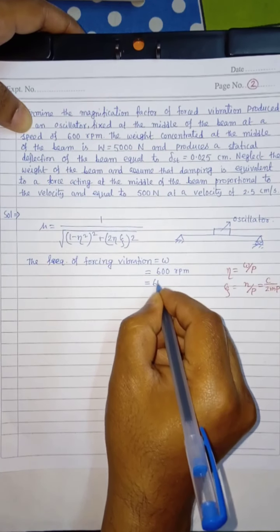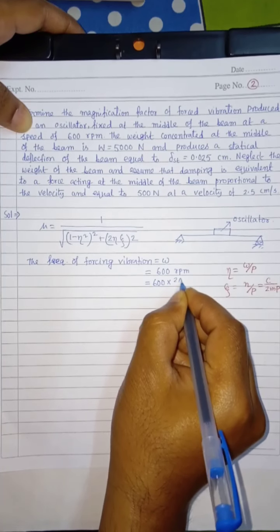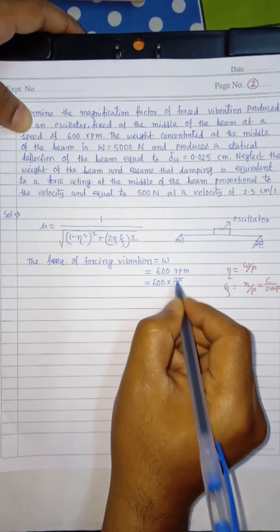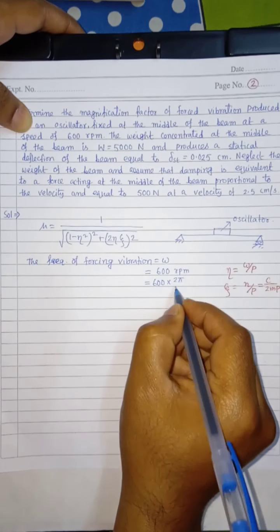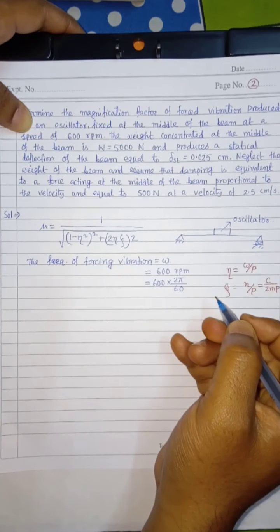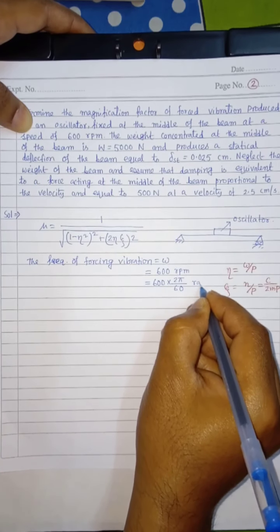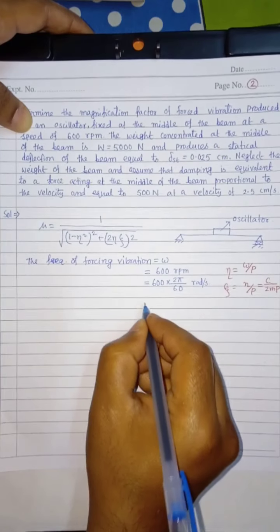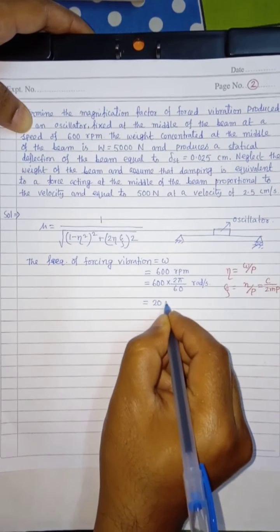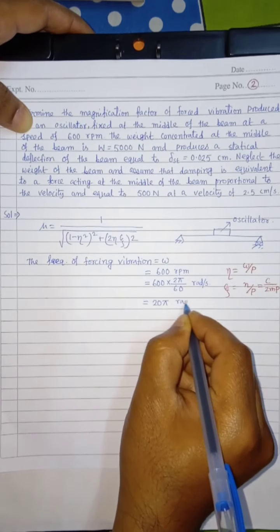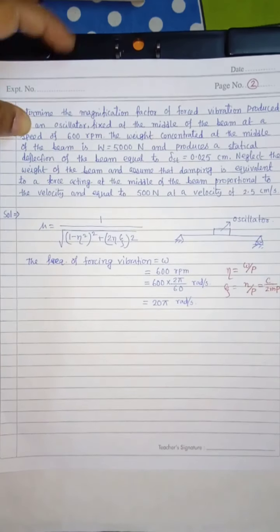So 600 into 2 pi, because in one revolution it is 2 pi, and per minute, so you have to divide by 60 seconds. So it will be 20 pi radian per second.